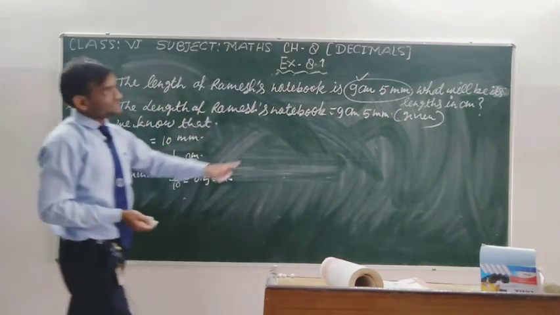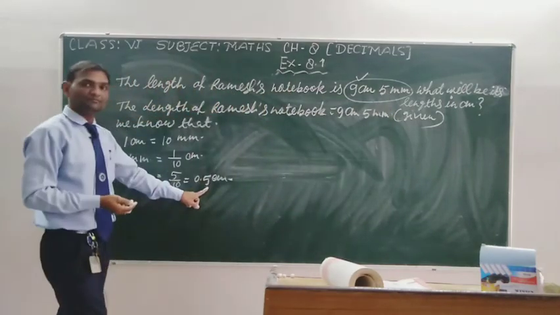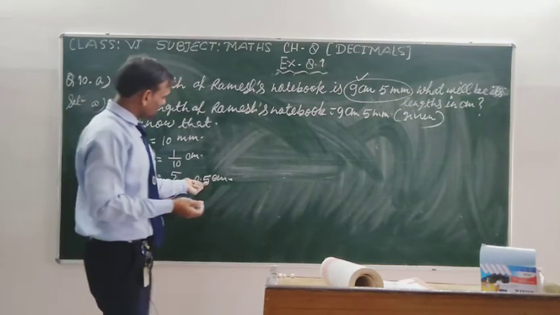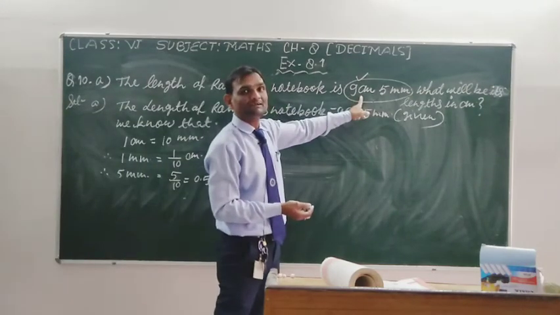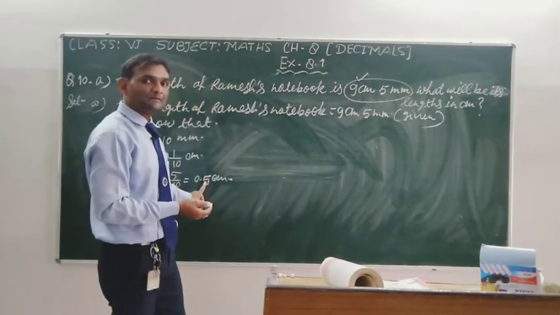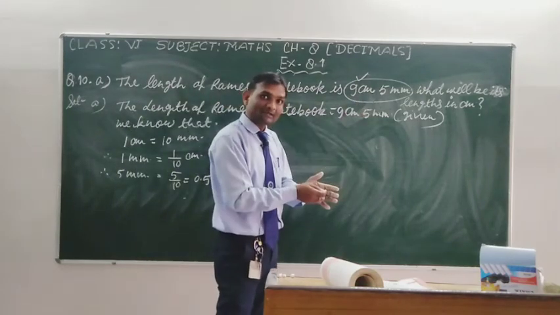Now you have changed the 5 millimeter into centimeter, 0.5, and after this you will add 0.5 and 9 centimeter because both values are already in centimeter. So we add 0.5 centimeter and 9 centimeter together and we get the answer.